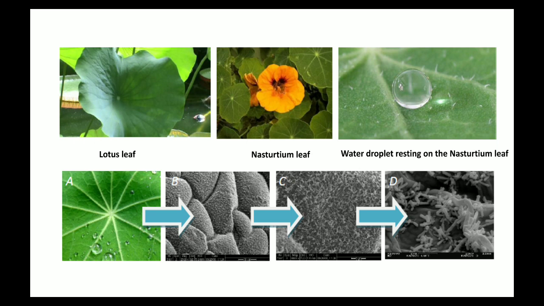So if we understand this, then can we use this technique in different applications like hydrophobic shirts? Already the Cotton King is selling these hydrophobic shirts, which are not going to get wet. It will remain dry.